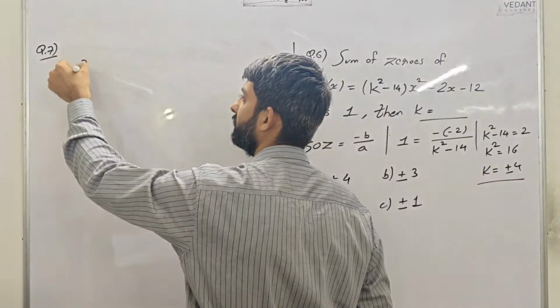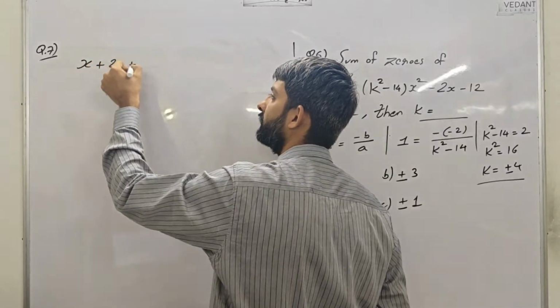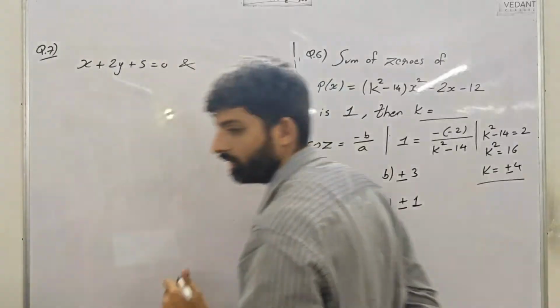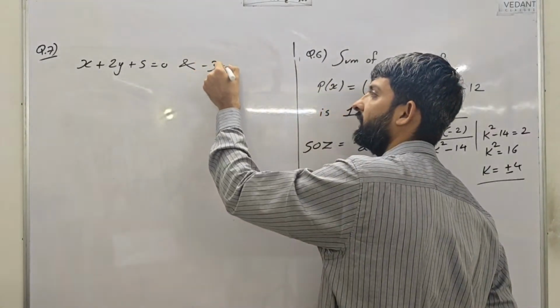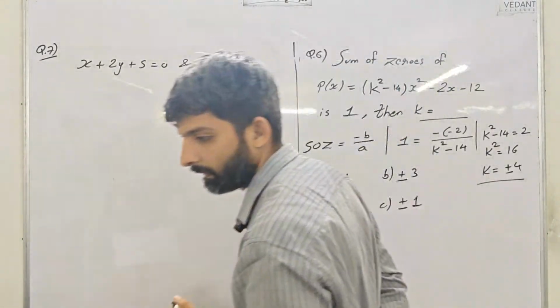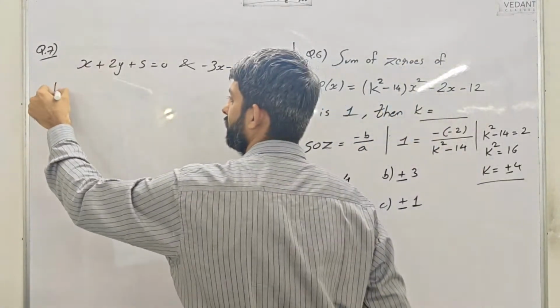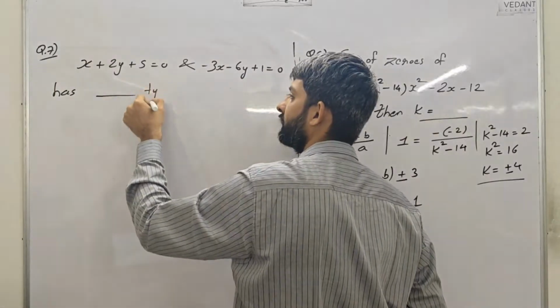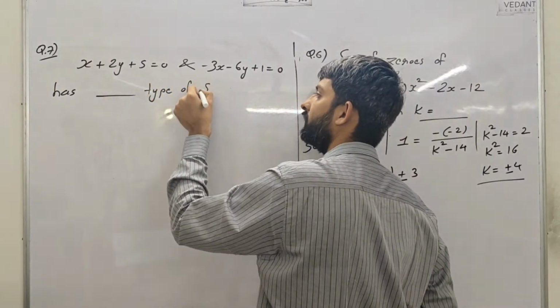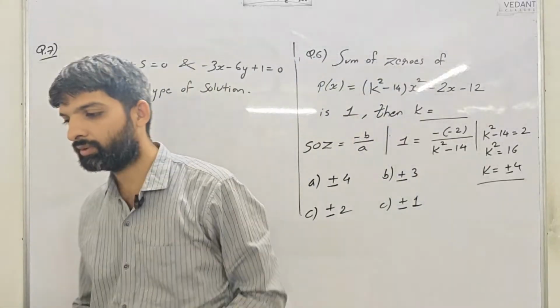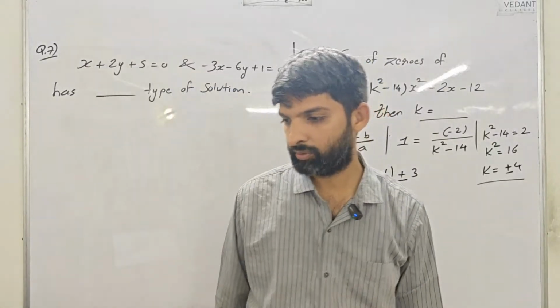x plus 2y plus 5 equal to 0, and the second equation is minus 3x minus 6y plus 1 equal to 0, has blank type of solution. I'm not giving the option, it is unique, infinitely many, no solution.